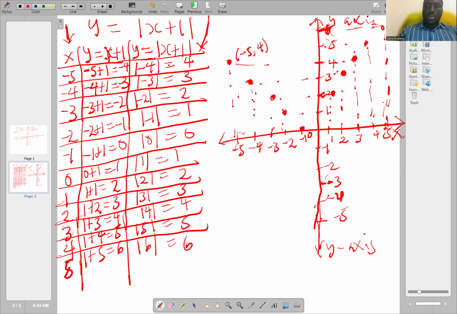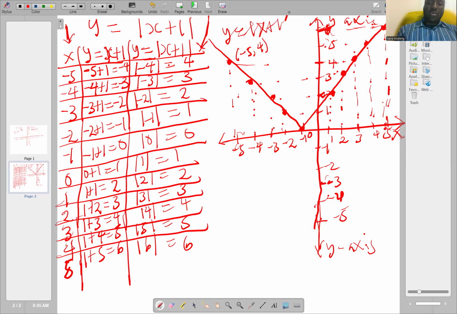X is 5, y is 6 is about this point. So we can draw a straight line through these points as such. So this is the graph of y is equal to the absolute value of x plus 1.